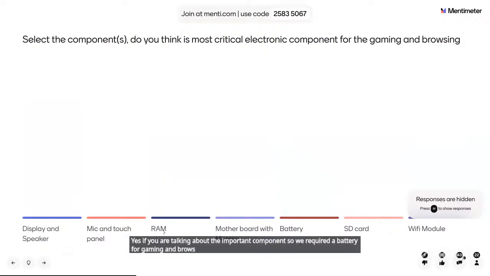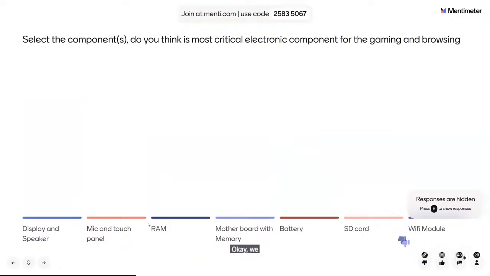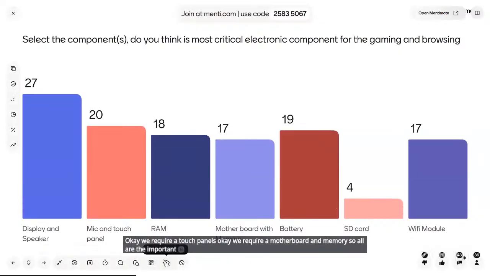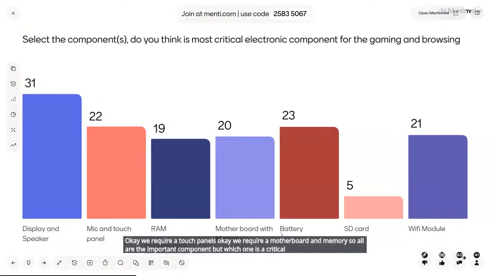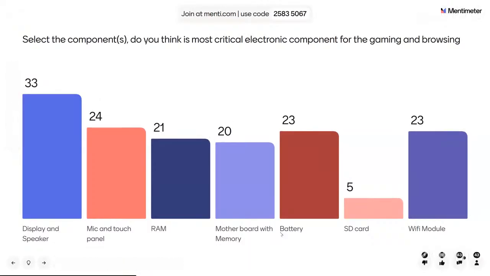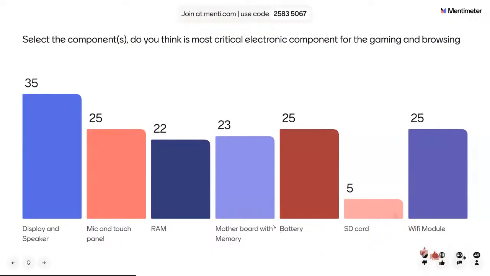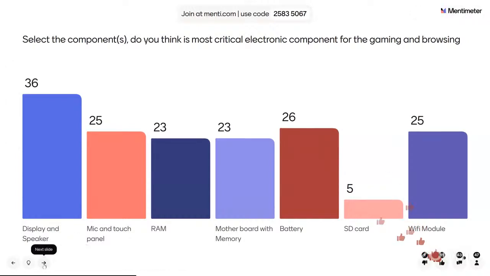We require RAM. We require a display. We require a touch panel. We require a motherboard and memory. So all are important components. But which one is critical? The motherboard and the memory are the critical components.